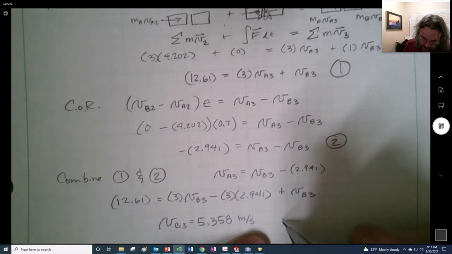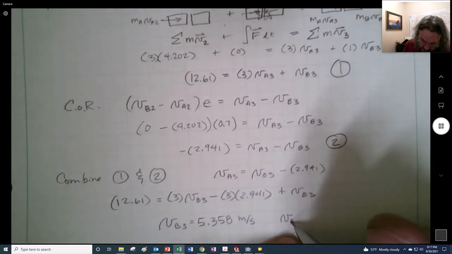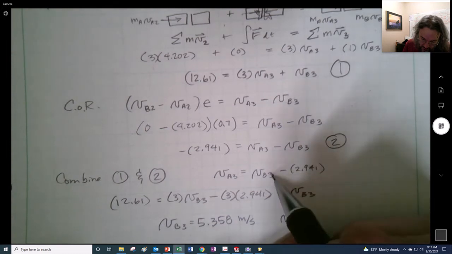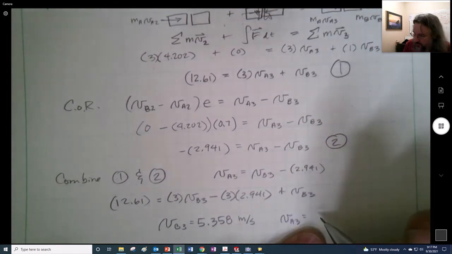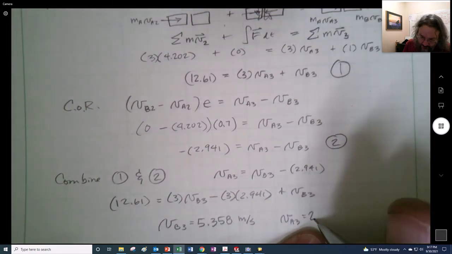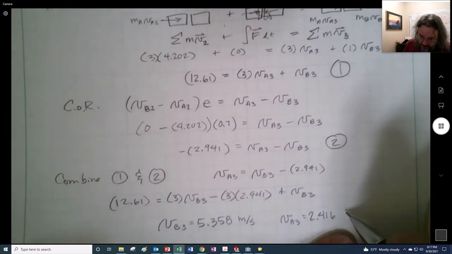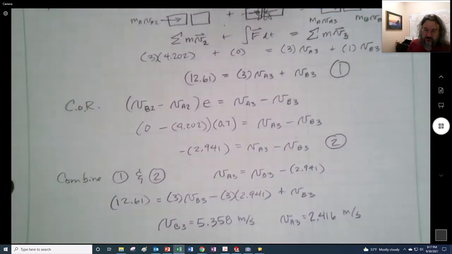So I subtract out 2.941 out of this, and I should come up with 2.416 meters per second, and we can start a new page.